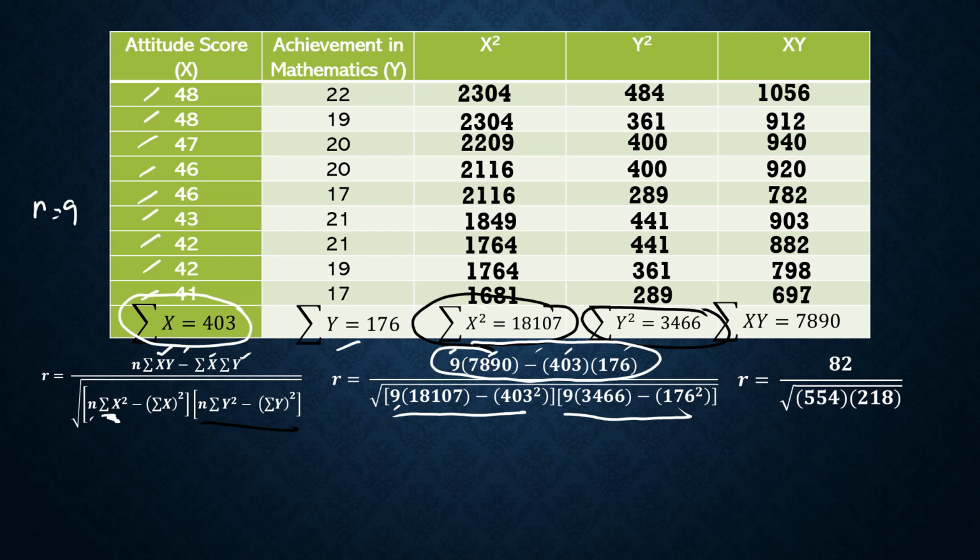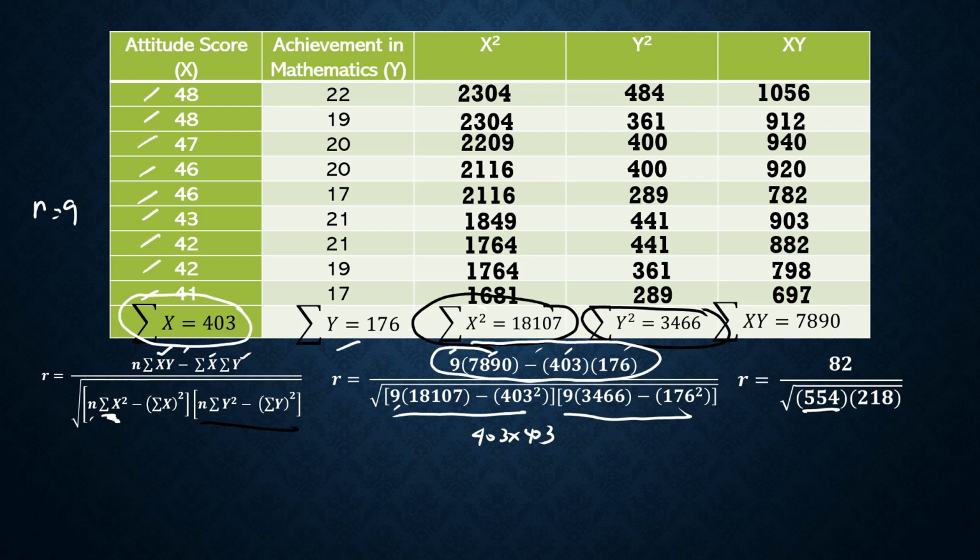Next, bring down, or copy the square root, and then simplify 9 times 18,107 minus 403 squared. 403 squared, if you don't have a scientific calculator, you can have 403 times 403. And you have 554. For this one, 9 times 3,466 minus 176 squared.